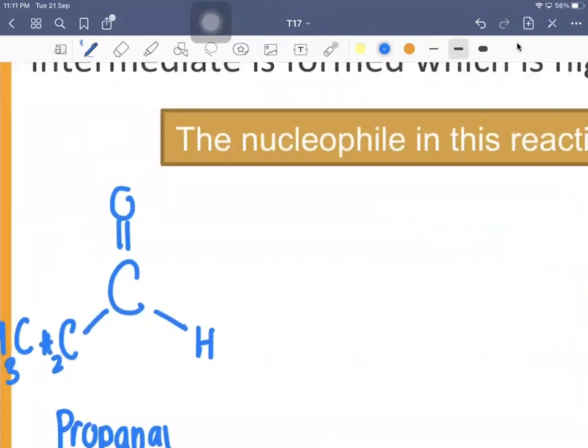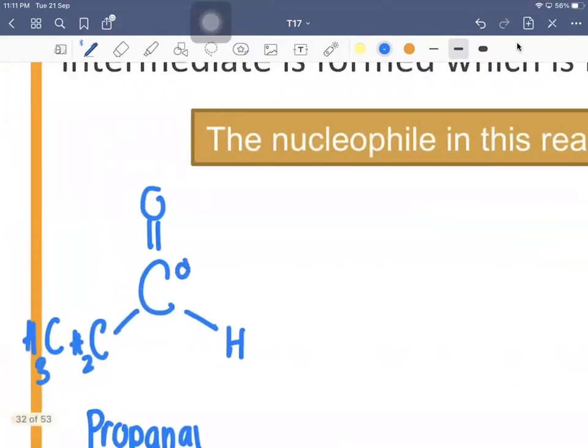Don't forget my dipoles. I should always have my dipoles at the start of the reaction. Then my nucleophile is the cyanide ion, which has a negative charge and has a lone pair on the carbon.